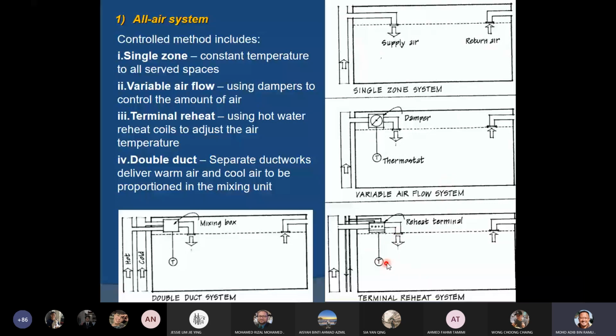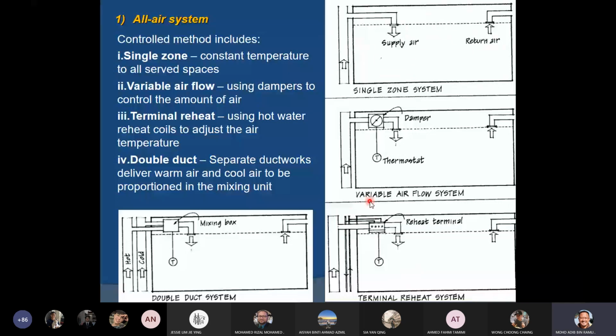So maybe for this one, you adjust the temperature to 20, so that the reheat terminal will proportion the hot water to get to 20 degrees, and maybe the other part of the space uses the terminal reheat to get a temperature of 24. Okay, so the hot water inside these reheat coils would be proportional to get that kind of temperature.